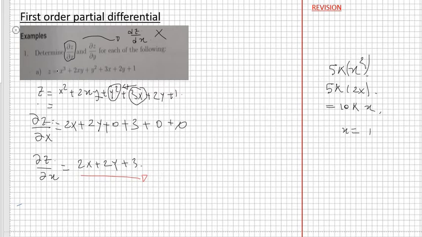If we derive x cube here, we bring the exponent down and then we subtract 1 in the exponent. So we'll end up with 3x to the power of 2. So here we have 3, not 2.